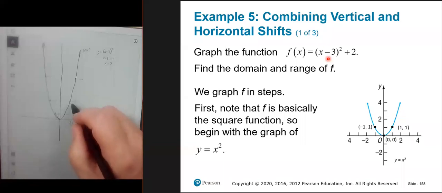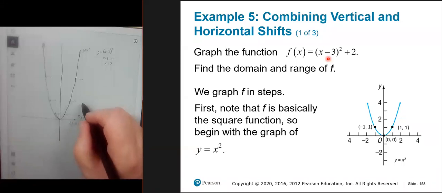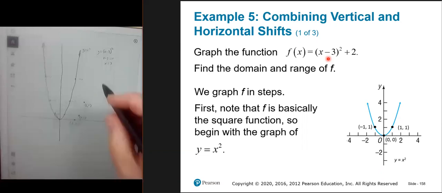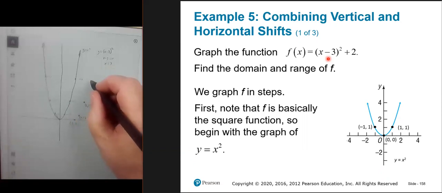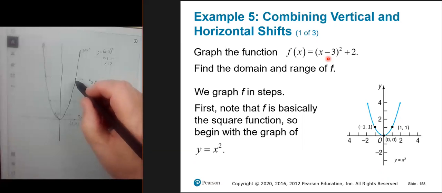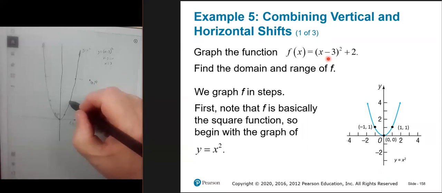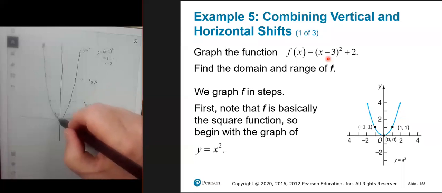And then 2, 4 got moved to 5, 4. And 3, 9 got moved to 6, 9. I just added 3 to 3, and I added 3 to 2, and I added 3 to 1, I added 3 to 0.